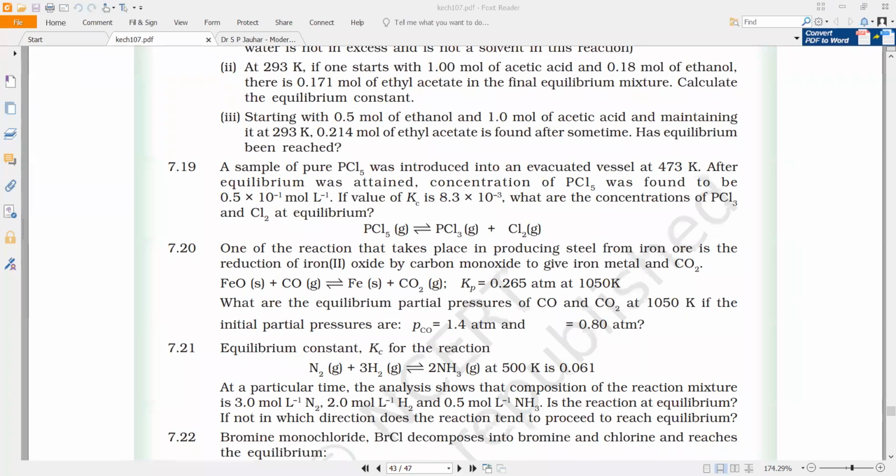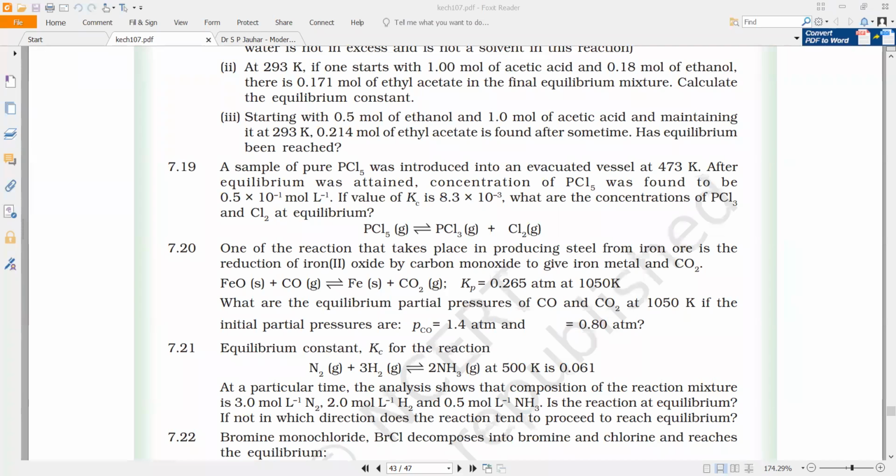So you will just multiply them. So x square will be equal to 8.3 into 10 to the power minus 3 into 0.5 into 10 to the power minus 1. We'll just take the root and you will get x, and that will be the concentration of PCl3 and the concentration of Cl2.